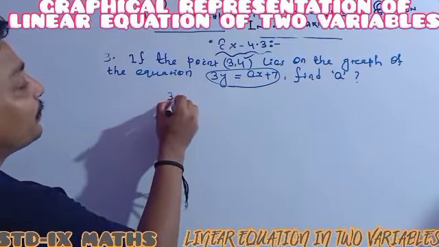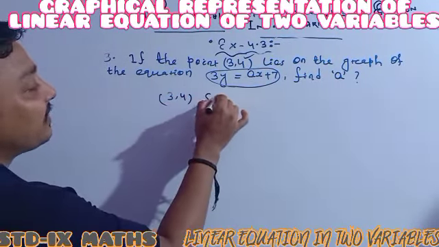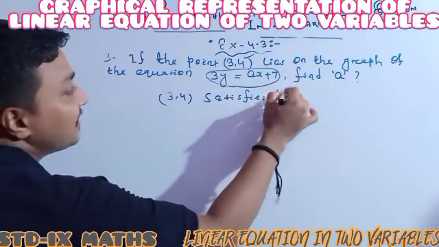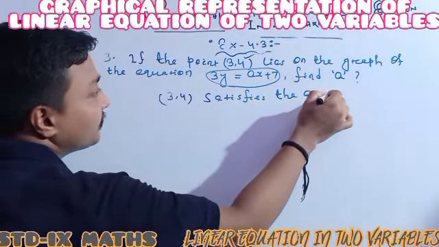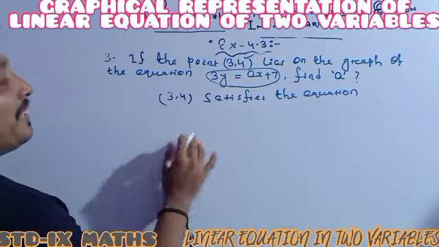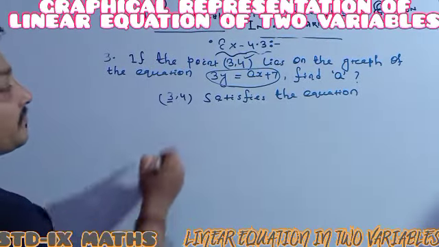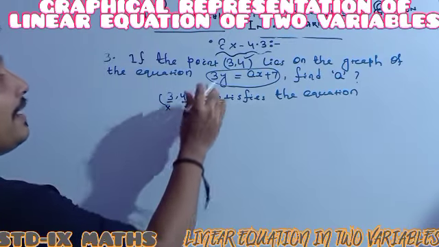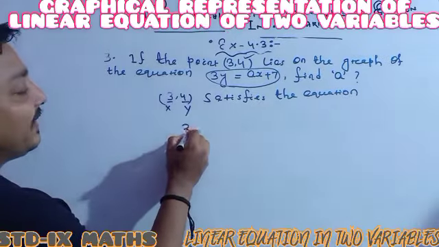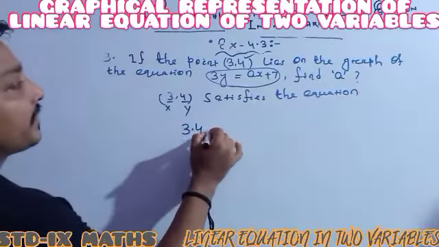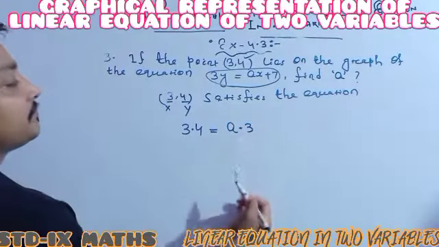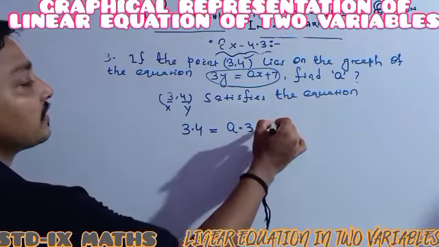So 3, 4 satisfies the equation. It means on putting x is equal to 3 and y is equal to 4, the left side of the equation must be the same as the right side of the equation, for which I am writing 3y means 3 into 4 is equal to ax means a into 3, plus 7.